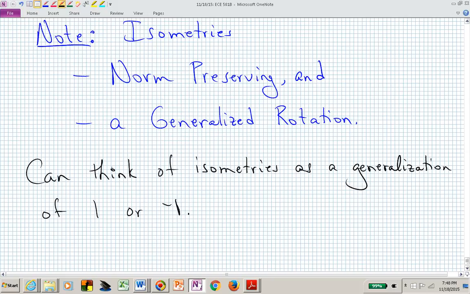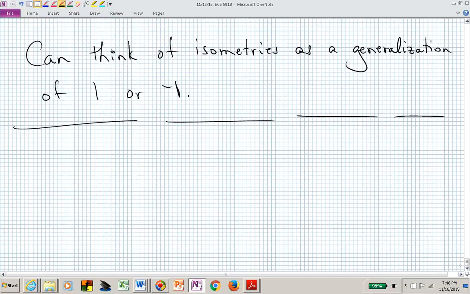So now we're reflecting if it's minus 1 and we're not doing anything with it being 1. Let's look at an example of what this might mean.